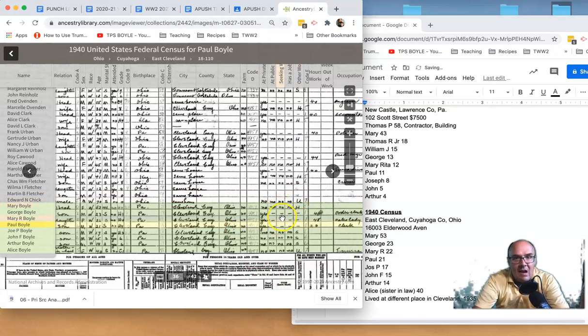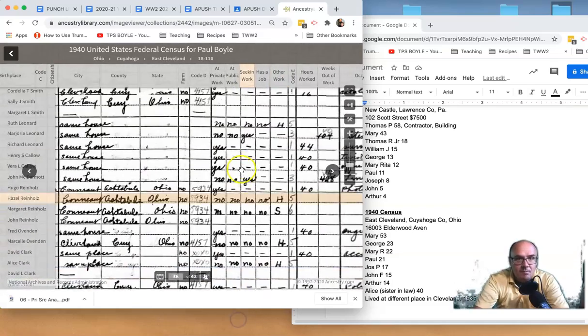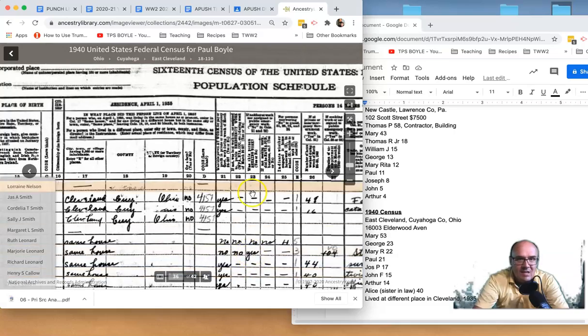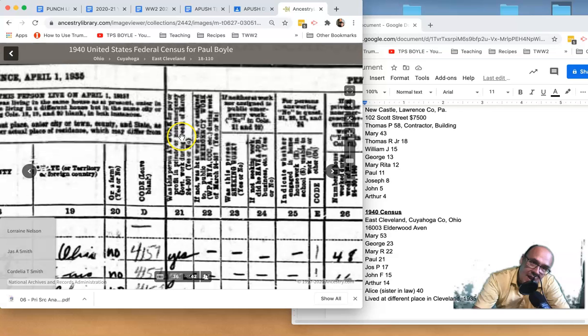Okay, now there's other questions that are really unusual for the census. Up here it says, I know it's really tough to read, but it says, was this person at work for pay or profit in private or non-emergency government work during the week of March 24th of this year? And then the next one says, if not, were they at work assigned at public emergency work?